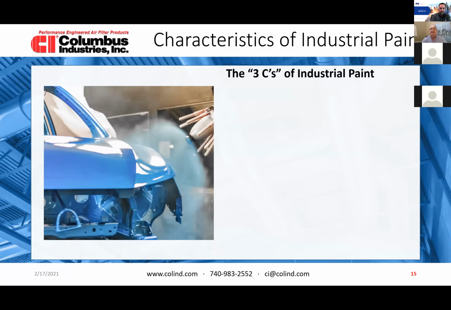So, the 3 C's of industrial paint. The first C is the coating. In general, if you look at the process, there is the surface preparation, the washing, sometimes the dipping in the automotive industry, the plating using electricity, to prepare and clean the surface so that the paint adheres properly. The first coat would be the primer, which is the agent that makes your color adhere to the surface adequately.